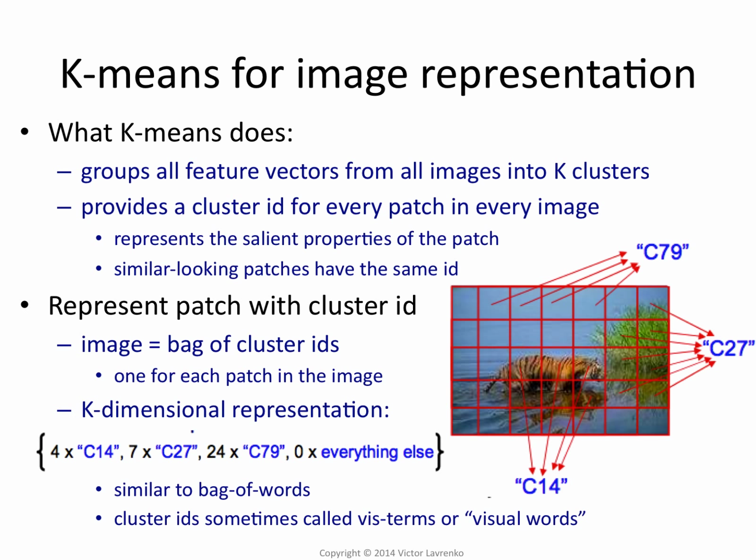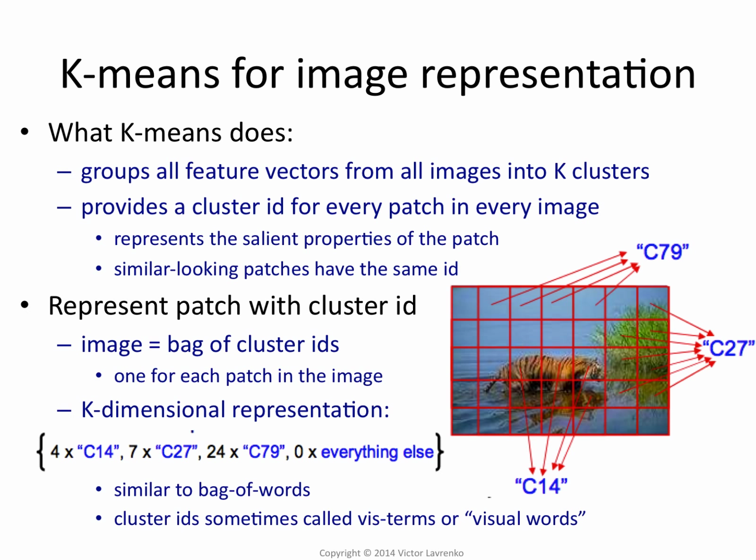So the representation would look kind of like that. If C14 is a word, this image has 4 occurrences of C14, 7 occurrences of C27, 24 occurrences of C79, and no other cluster labels.